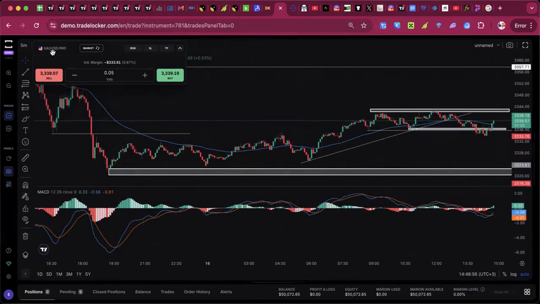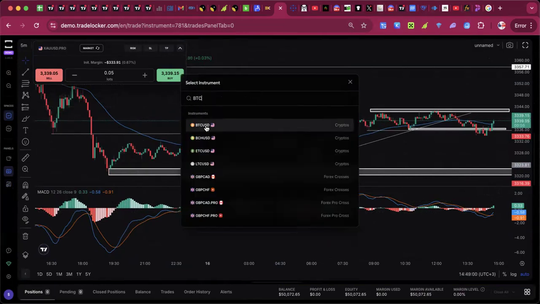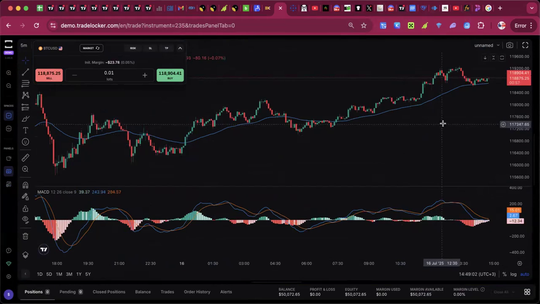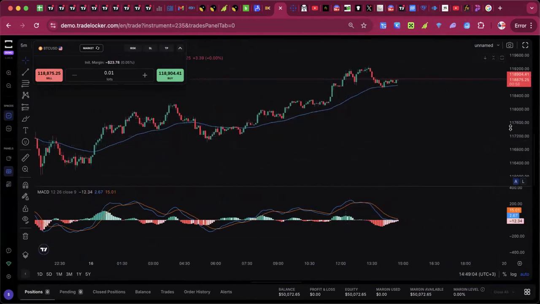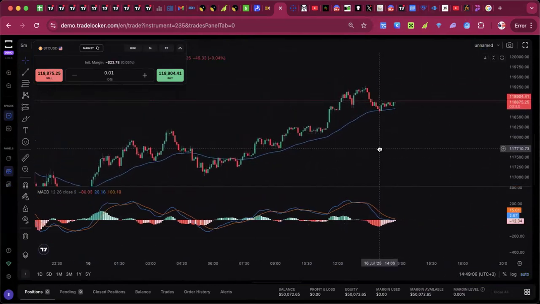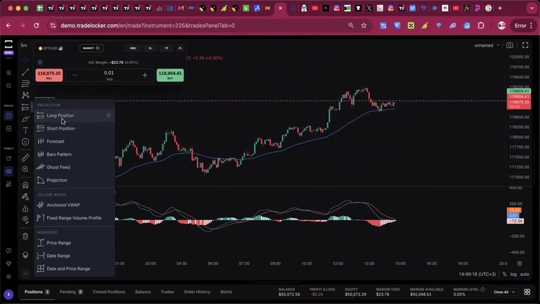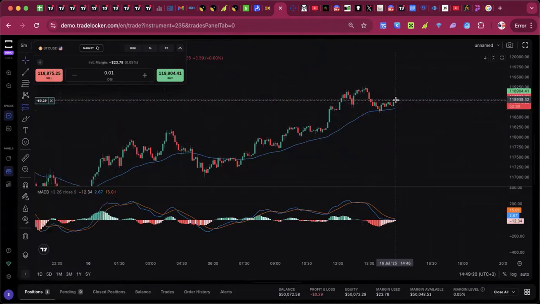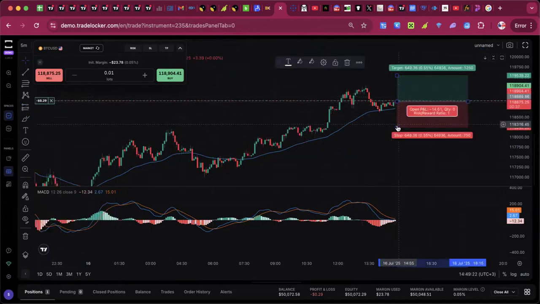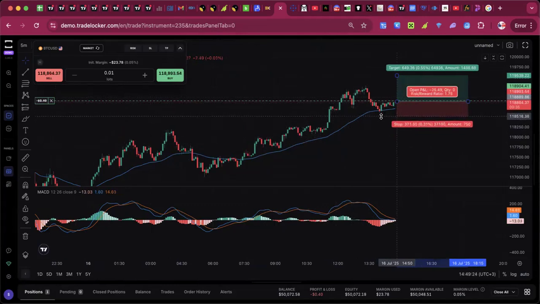So let's look at BTC. You can see the same thing here. If I'm going to find an entry, I'll just use 0.01. So I've entered, and my target is here, where I entered from, and my stop loss is below this point here.